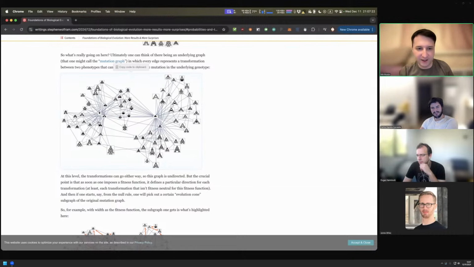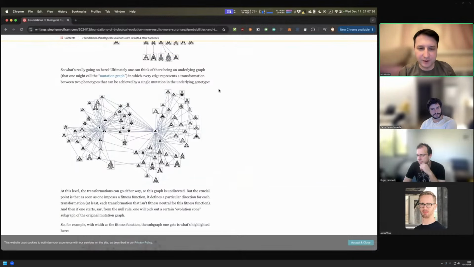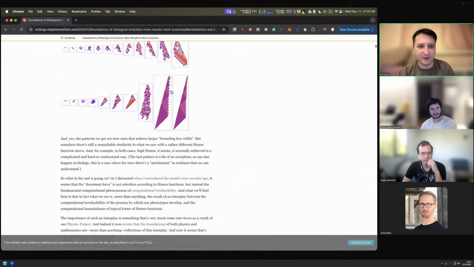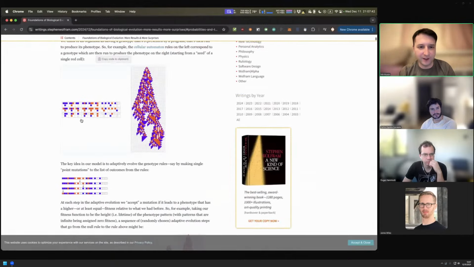But it's actually trickier, because we bunch them together, since there are more rules that produce the same picture, the same phenotype. We call the genotype the rule itself, just the bits that define the rule. It just tells you how to produce the next cell out of the previous cells.